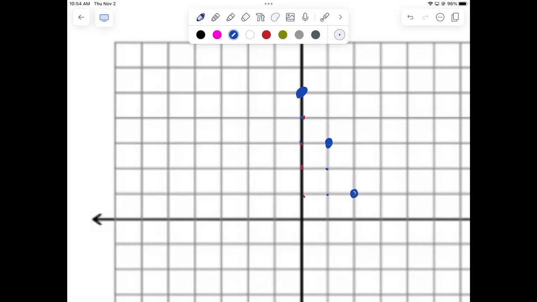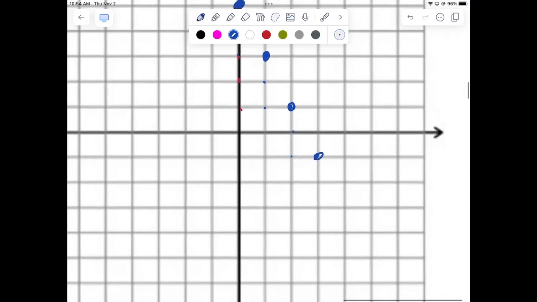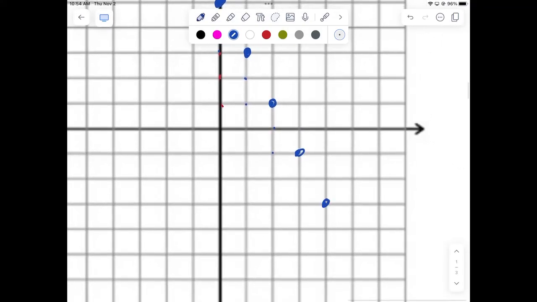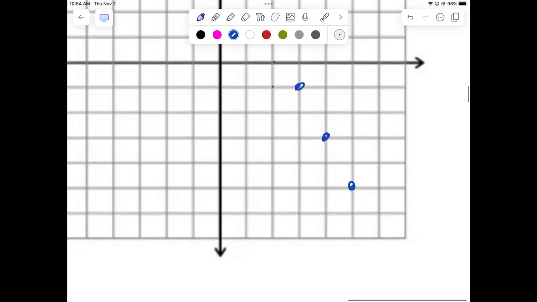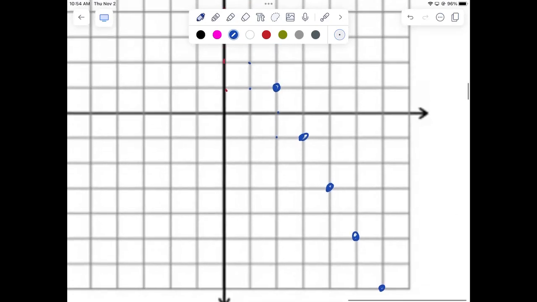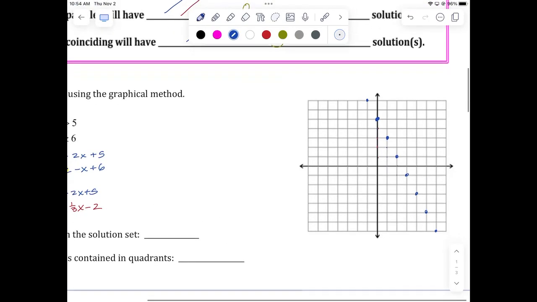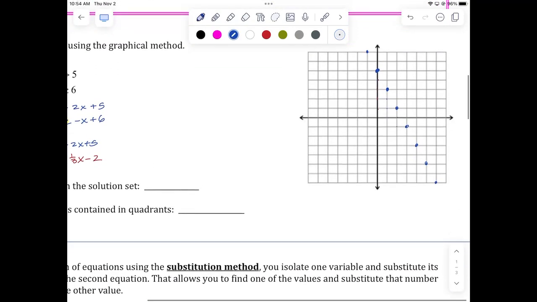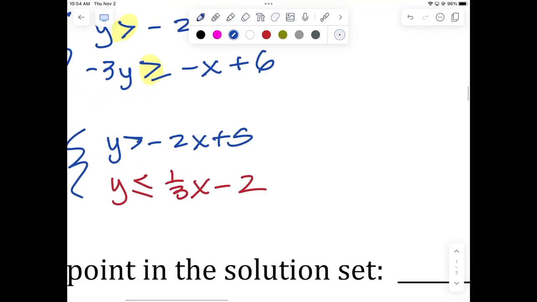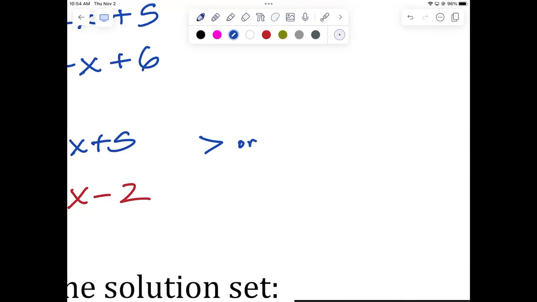Down 1, right 1, and so on and so forth. You can keep going if you want, all the way to the end of the table. Or you can go up 1, left 1. Now, because it's not an equation, here's what we do. If it's a strict inequality, less than or greater than, it gets graphed with a dotted line.